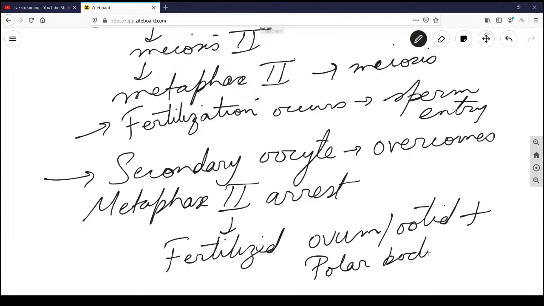Both the polar bodies degenerate by an unknown mechanism. Still research is going on. Why does the polar body degenerate and how does it degenerate? But both the polar bodies degenerate. So this completes your entire process of oogenesis.